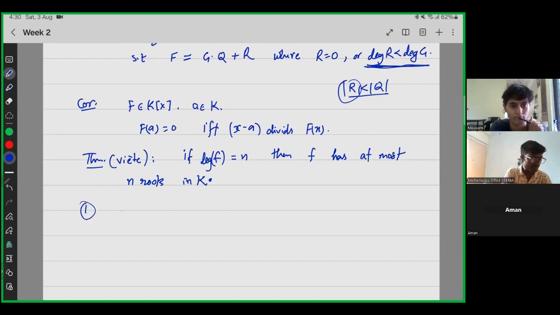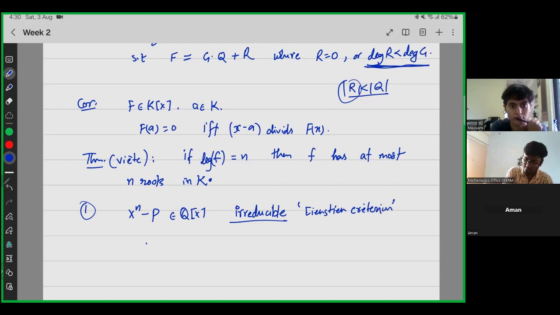The first example was: x to the power n minus p belongs to Q[x], where Q is the rational number field. This is irreducible. Irreducibility will follow from Eisenstein's criterion for irreducibility, and it has no zero in Q. V of x to the power n minus p is empty.